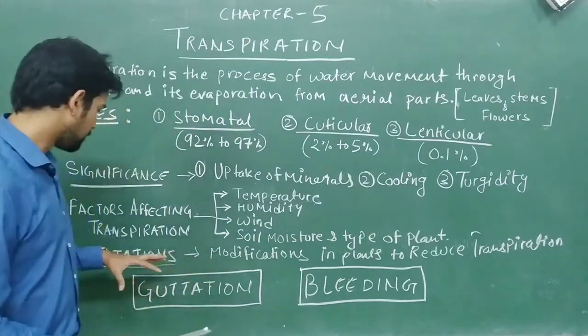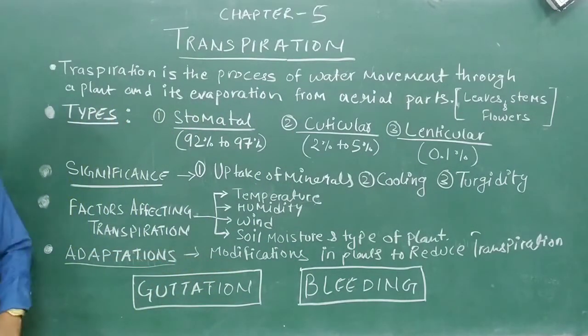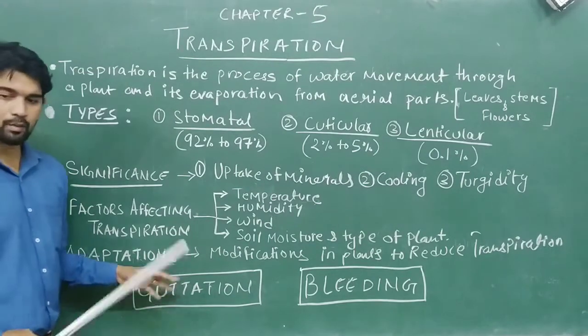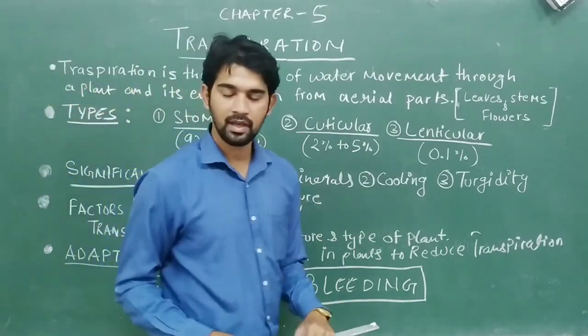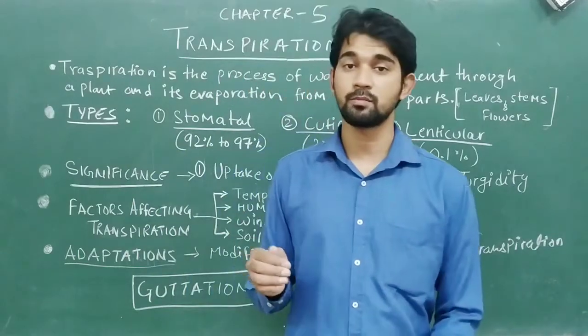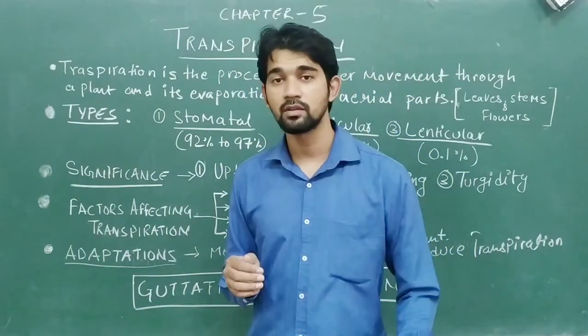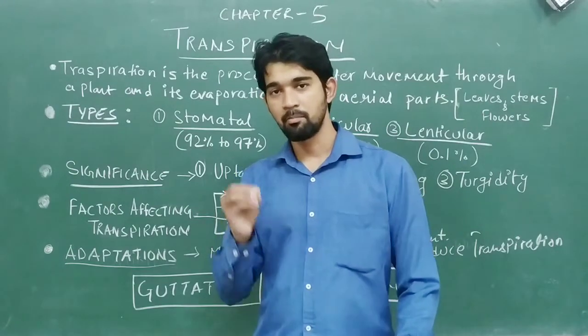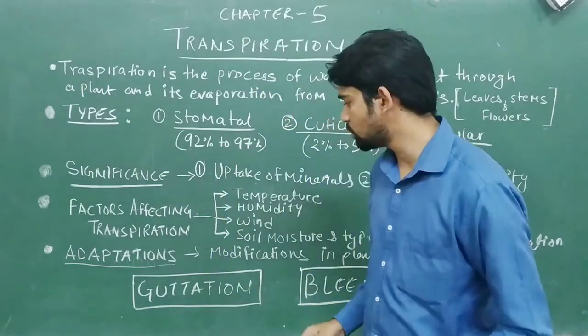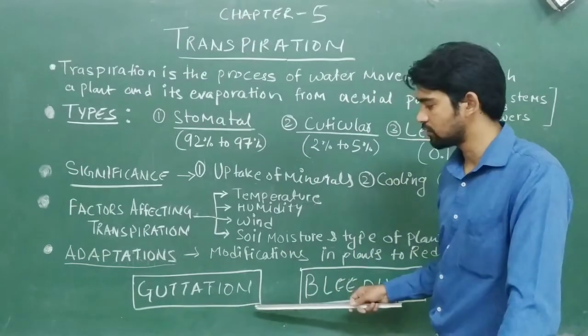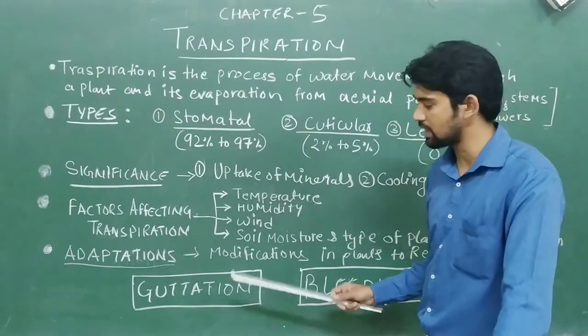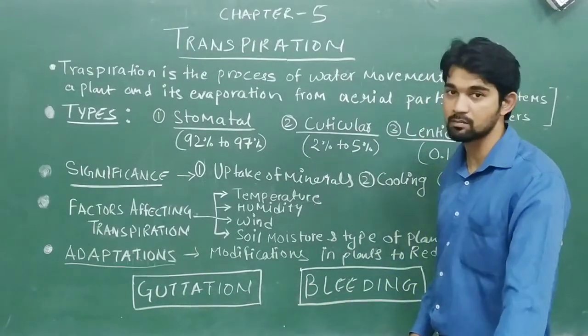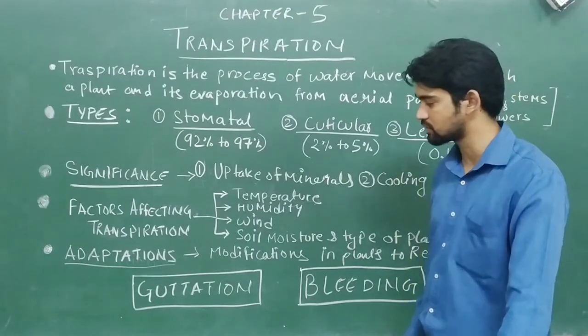Now, the most important of them all, before I discuss this, I want to show you a table. It is the comparison between transpiration, evaporation, and guttation. But I will tell you that guttation is a very important point and a question which comes in board exams more often than the others.